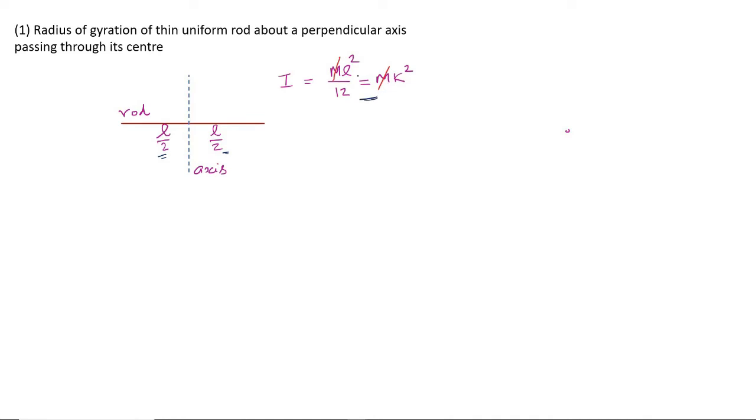What remains is L squared by 12 equals k squared, so k will be L by root 12. That is the radius of gyration in this case. Root 12, if you want, you can write as 2 root 3. So this is the radius of gyration of a thin uniform rod about a perpendicular axis passing through the center.